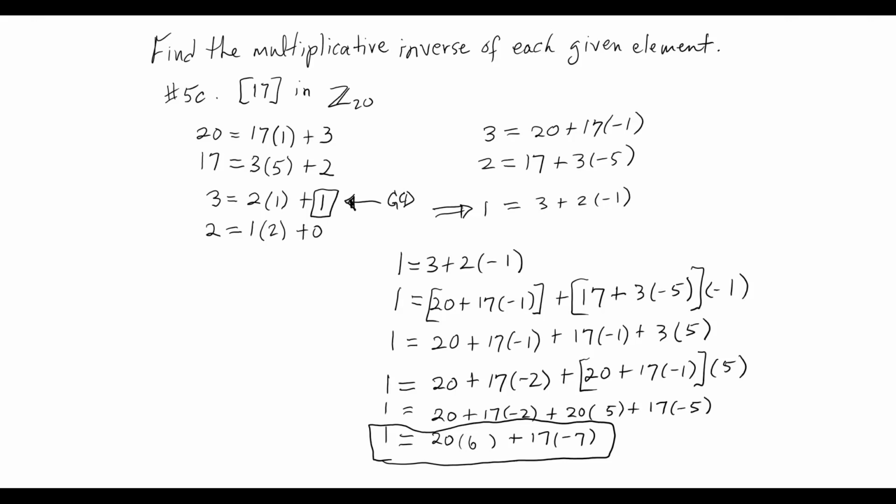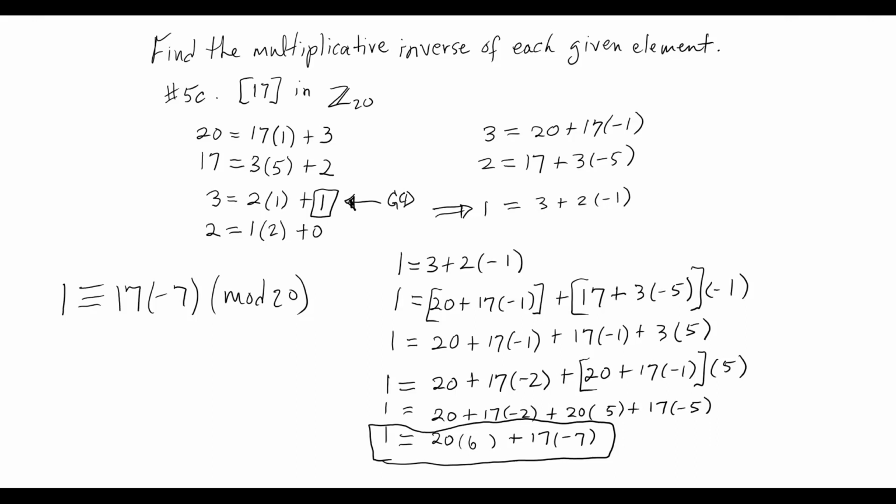Remember this last equation that I have: it means that 1 is congruent to 17 times negative 7 modulo 20. So we've found a number so that when I multiply it by 17, I get 1, the multiplicative identity.